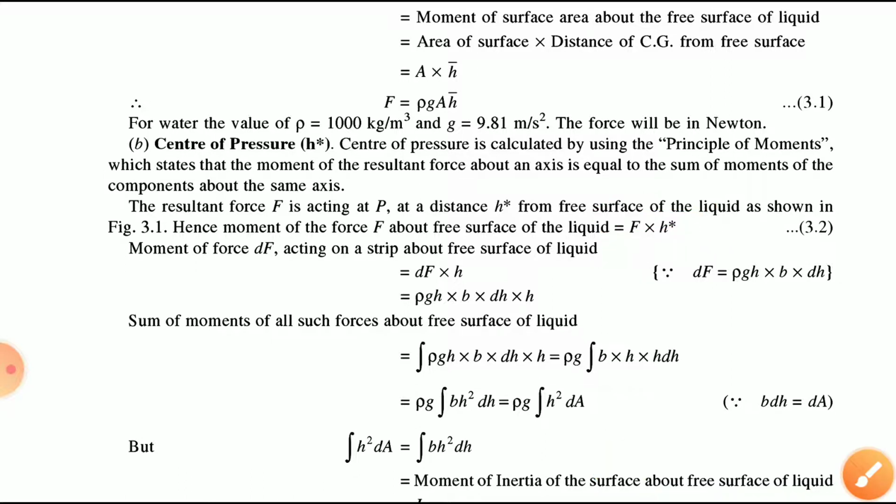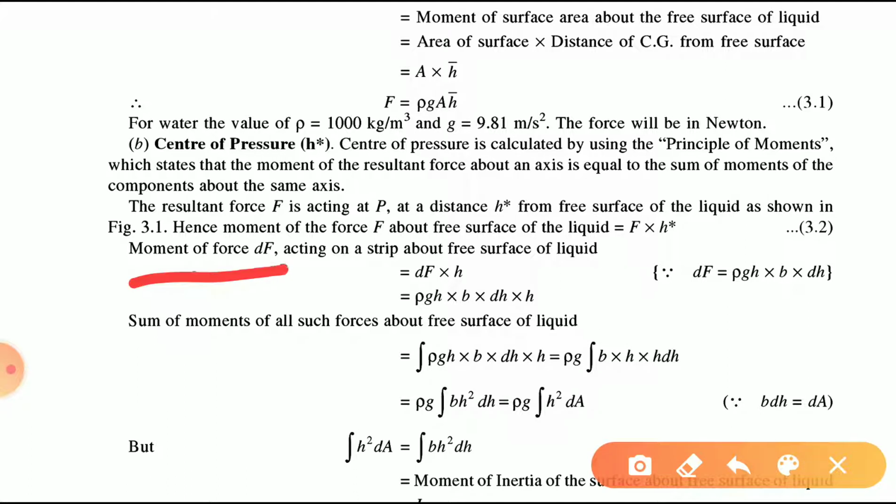Now we will consider the same moment for this small elemental strip on which the force dF is acting. Similarly, the moment for this small elemental strip will be dF multiplied by h. We know that the value of dF is rho g h into b into dh, which we have found above, multiplied by this small h.